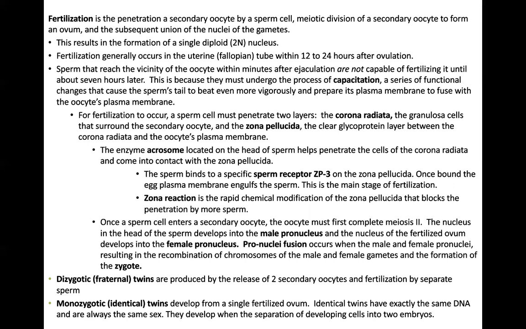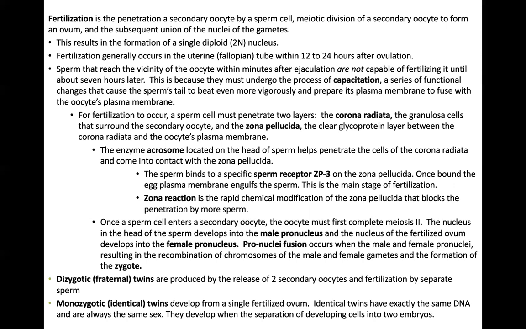Now, once the sperm cell enters the secondary oocyte, the oocyte must first complete meiosis II, because remember, it's stuck in metaphase 2. And so that secondary oocyte must become the ovum. The nucleus in the head of the sperm from the male becomes the male pronucleus. The nucleus of the fertilized ovum develops into a female pronucleus.